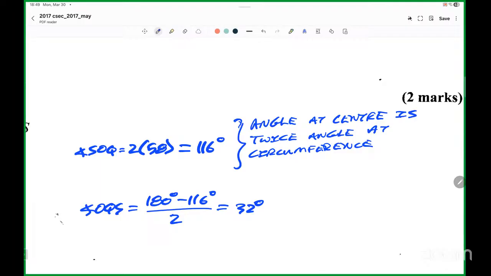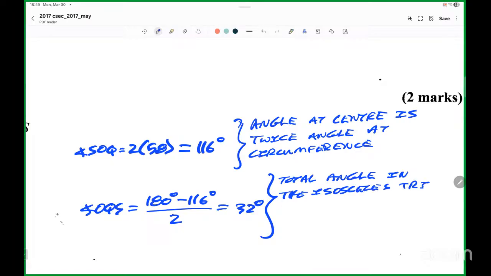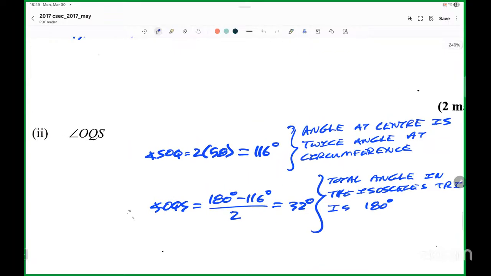And then for this one, total angle in the isosceles triangle is 180 degrees. All right, that's how we get that angle OQS.